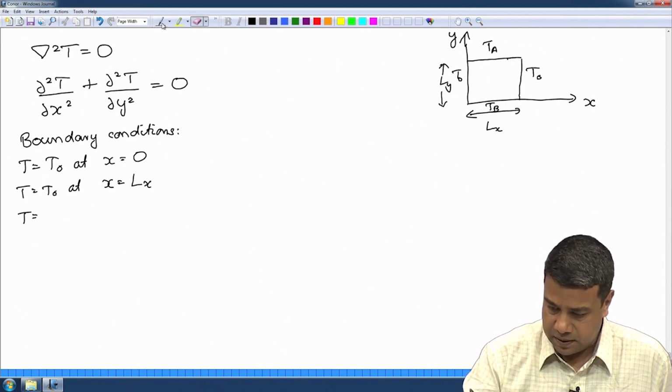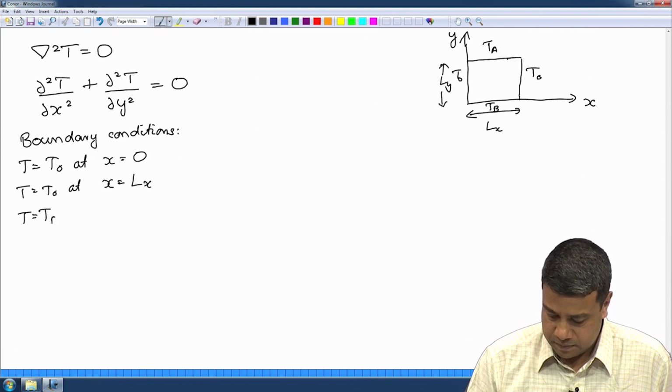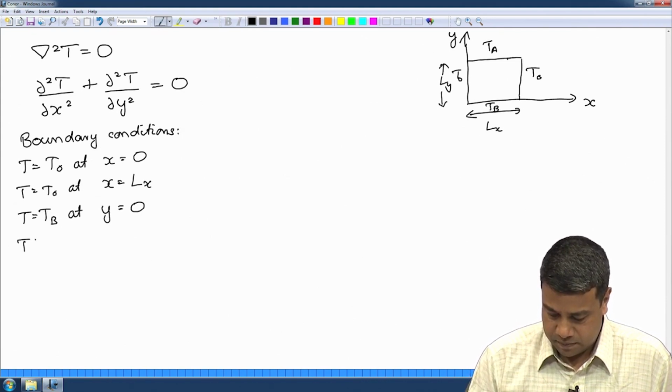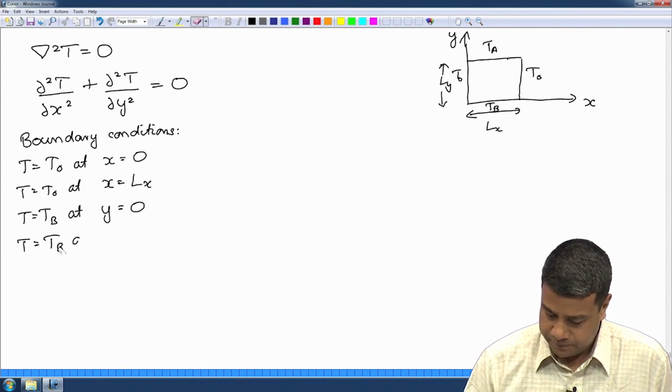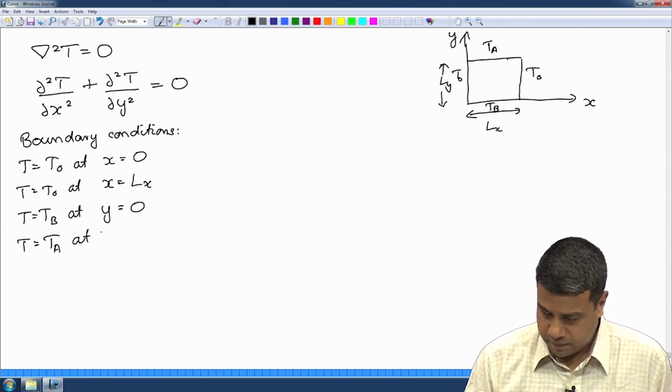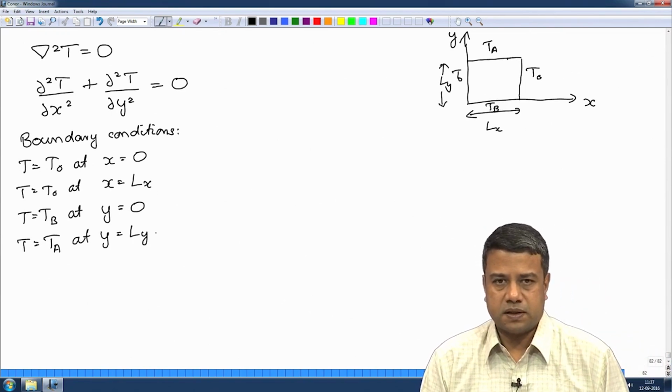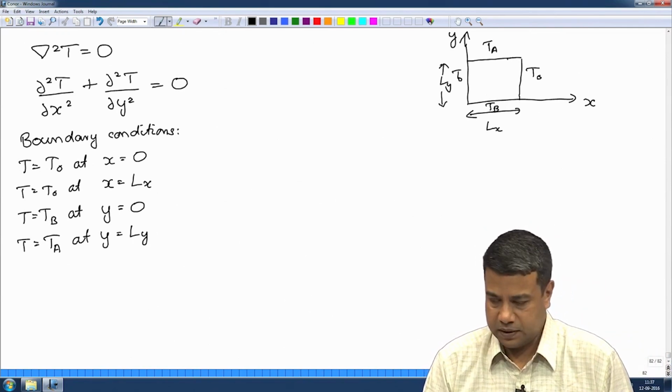Call this as TB. Okay, so those are the boundary conditions that I need to solve the problem with.